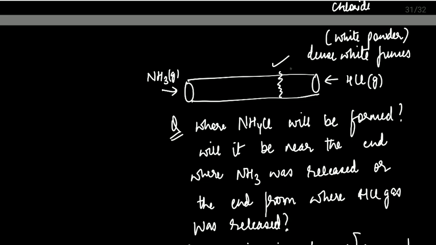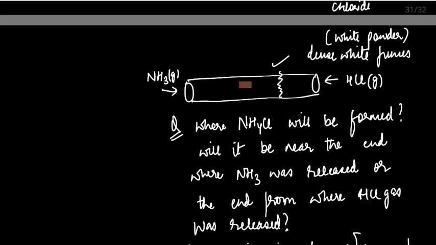We are not talking from the mathematical point of view, but in general. So ammonia will be able to diffuse faster, so it will move quickly toward the end of this HCl. HCl will not be able to move faster.